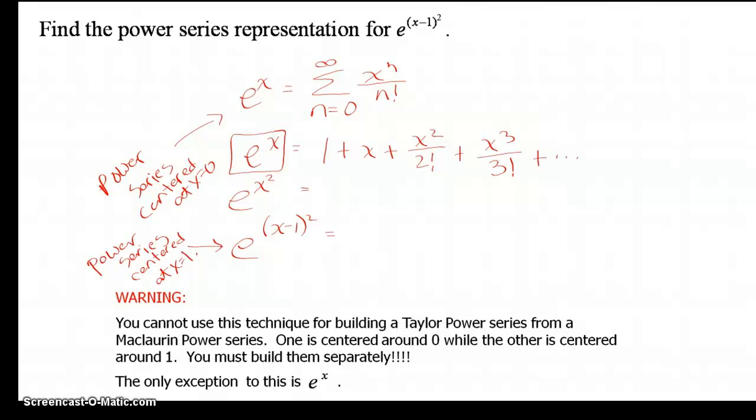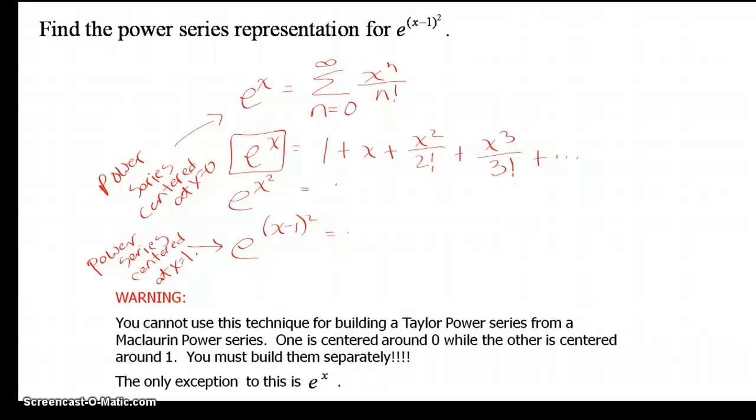It is a really bad idea to try to just manipulate your function and therefore do the same manipulations on the right-hand side of the equal sign to come up with your new power series from a Maclaurin to a Taylor, or from a Taylor to a Maclaurin, or even from a Taylor to a Taylor that's built around separate center points.